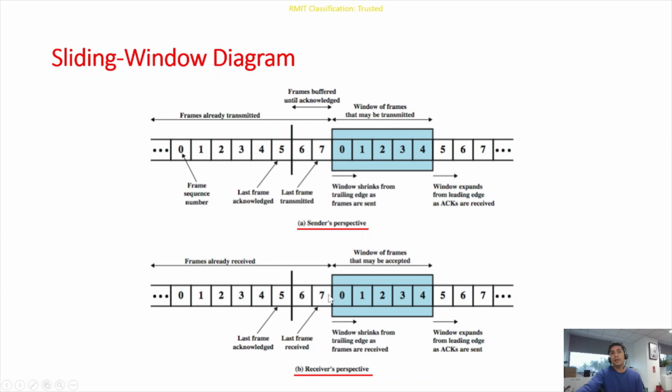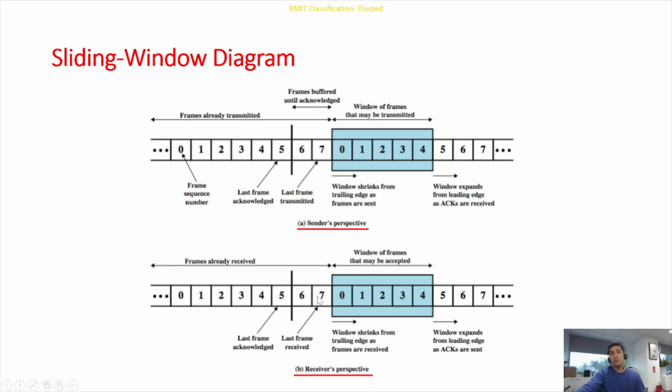Frames 0, 1, 2, 3, and 4 are the frames that the receiver can store. It has buffer space for storing these frames if the source has data to send. The window of frames that may be accepted is represented by this shaded blue region.